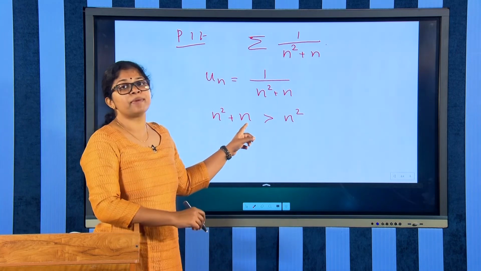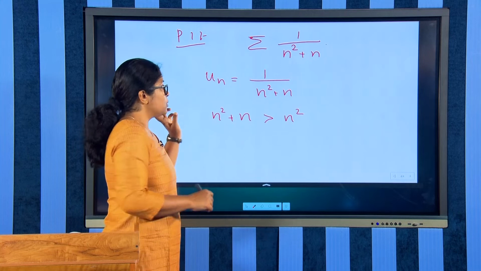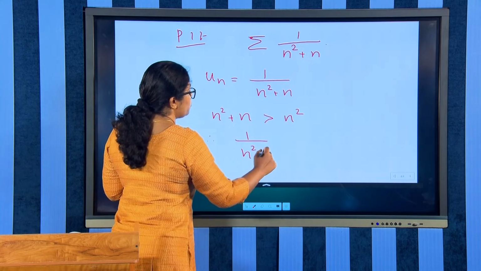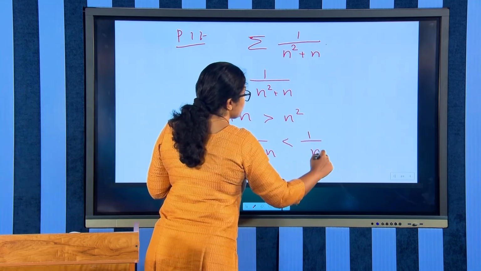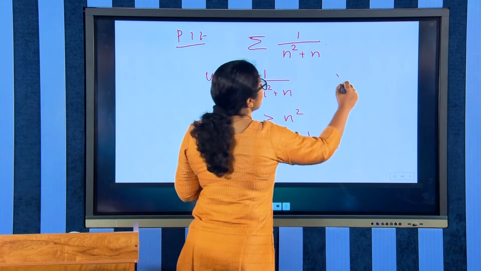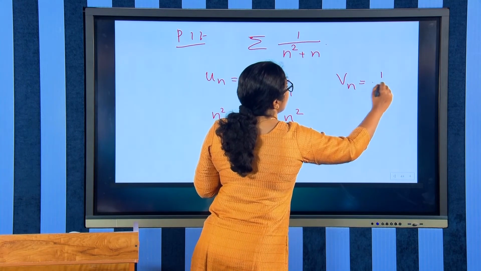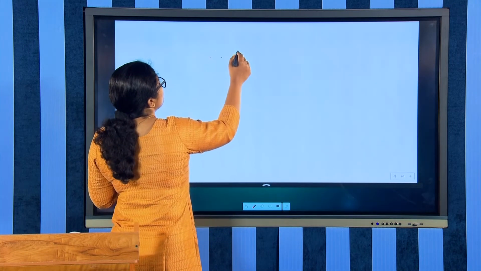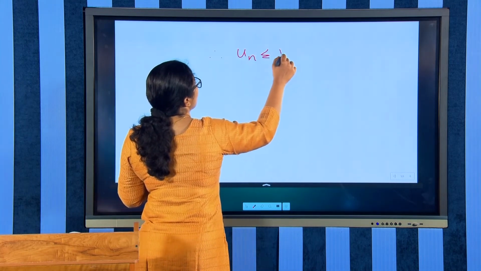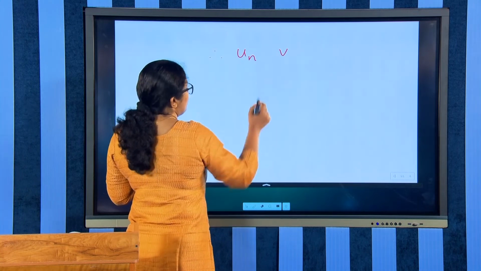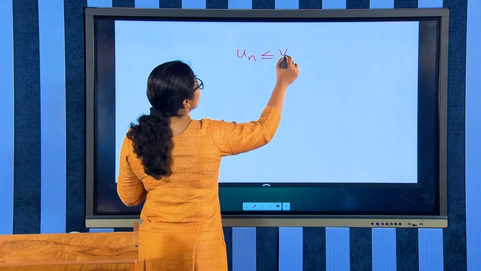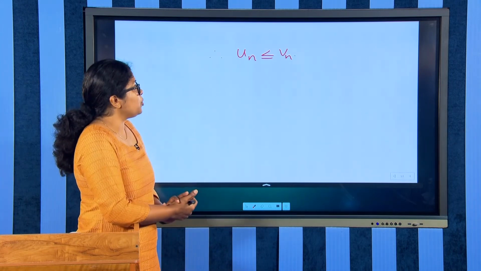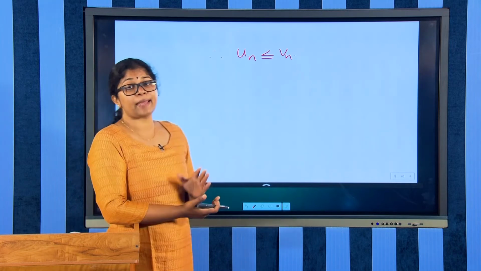So, 1 upon n square plus n is obviously less than 1 upon n square, and therefore, you can take your Vn to be 1 upon n square, so that un is less than or equal to Vn.